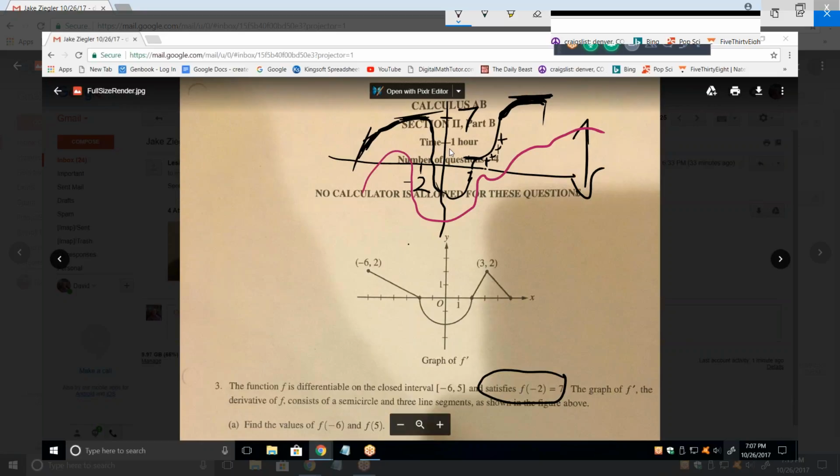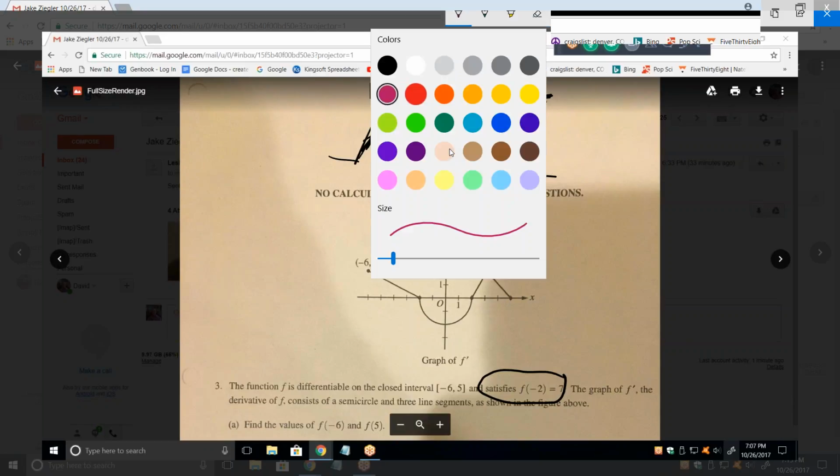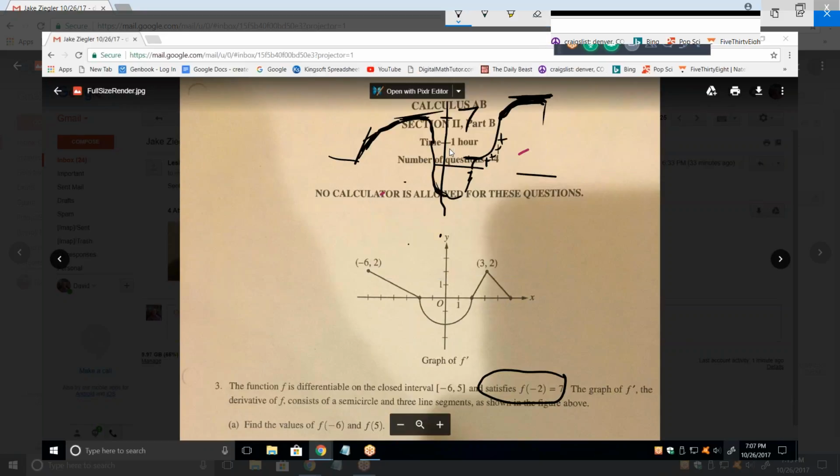In other words, the original function in pink is still increasing everywhere there, and it still has a flat slope at x equals minus 2. So when you try to draw the original function, you can draw the shape, but you can't place it on the y-axis accurately unless you have more information. And we do have more information. Just haven't gotten to it yet. But we have something that approximates the original function, unless I've made a mistake.